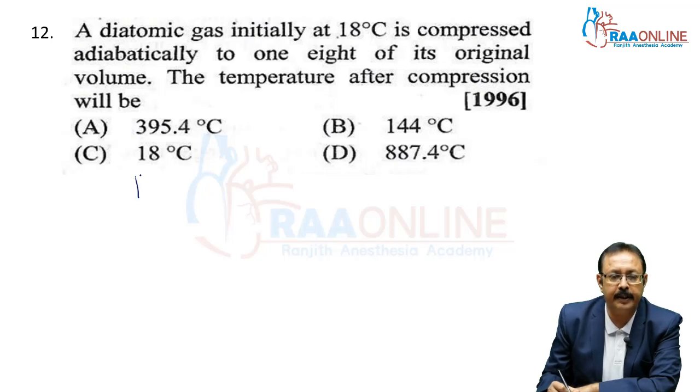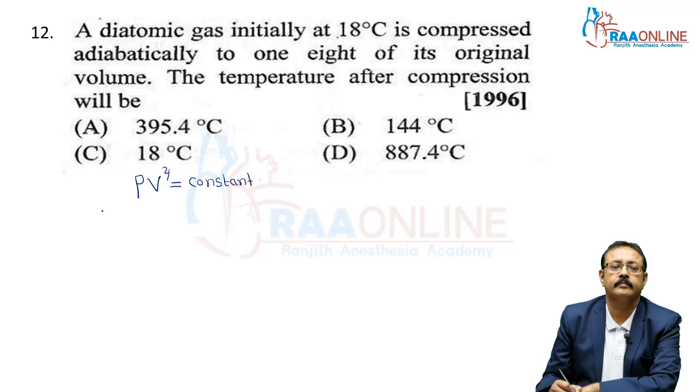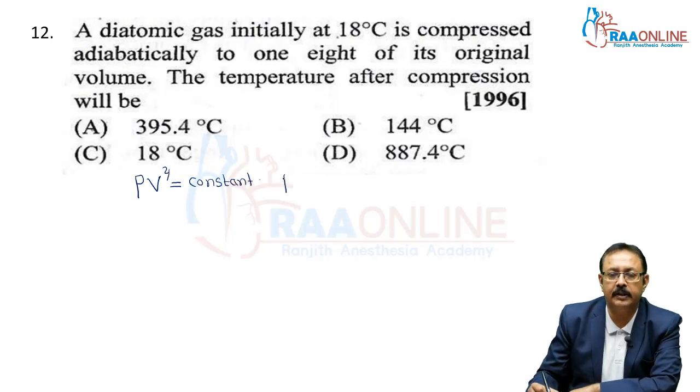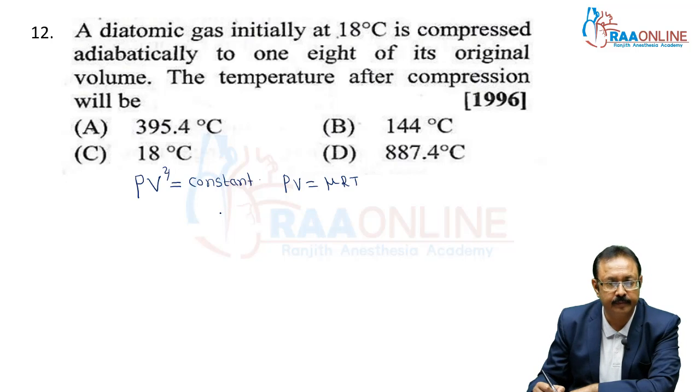It means P into V raised to the power gamma should be constant. But PV is equal to mu RT. We want a relation between volume and temperature.